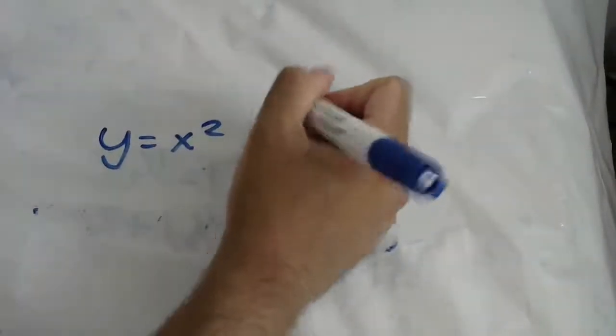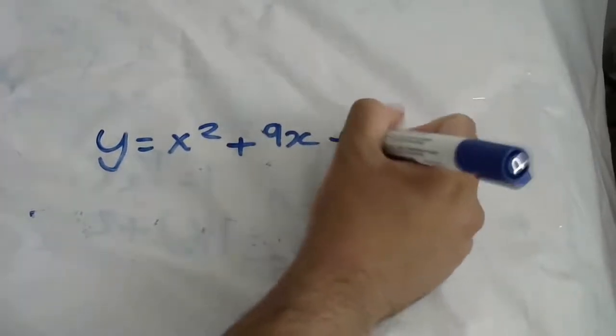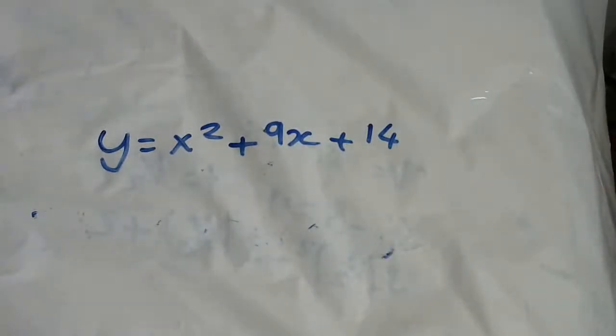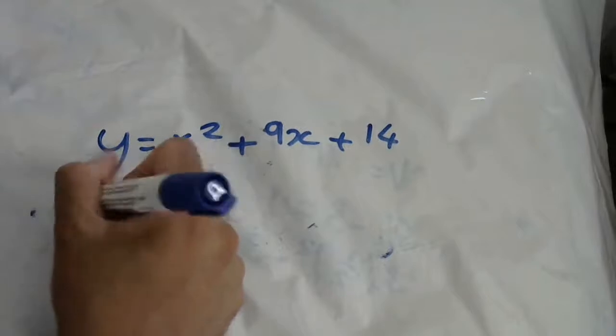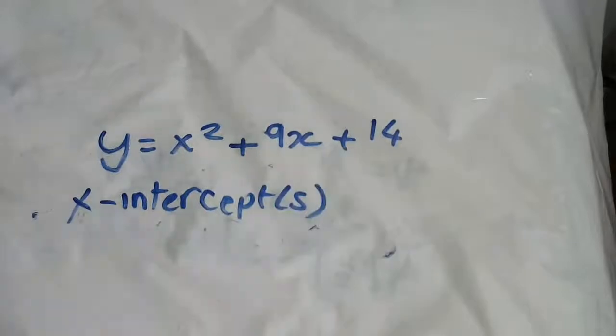Can you tell me where this equation cuts the y-axis? Okay. Can you tell me where that cuts the y-axis? Cuts it at 14. Excellent. So the next question is, where does it cut the x-axis? The maths language for that is called the x-intercept, and there might be more than one. Okay.